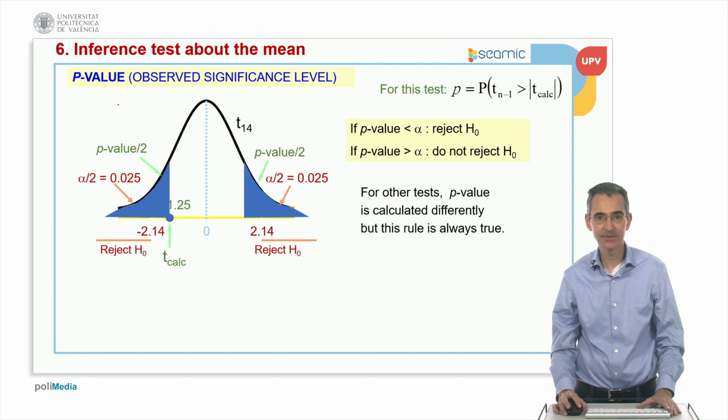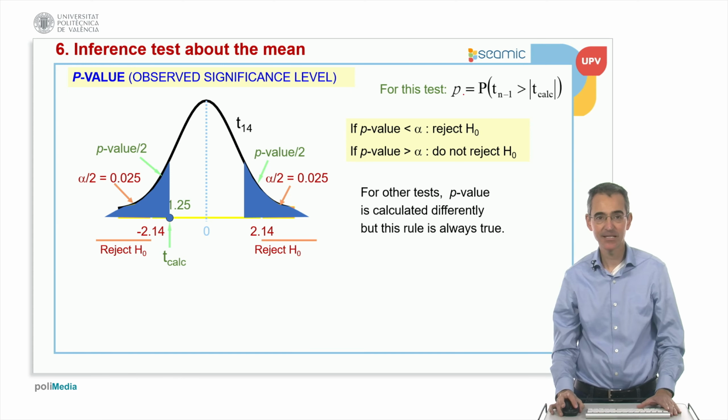Then what happens, for example, if in this test we have the calculated t exactly equal to minus 2.14? Based on the way I have shown in this slide, if the calculated t were minus 2.14, then the p-value would be exactly 0.05. So based on this rule, that would be the boundary between reject and not reject.